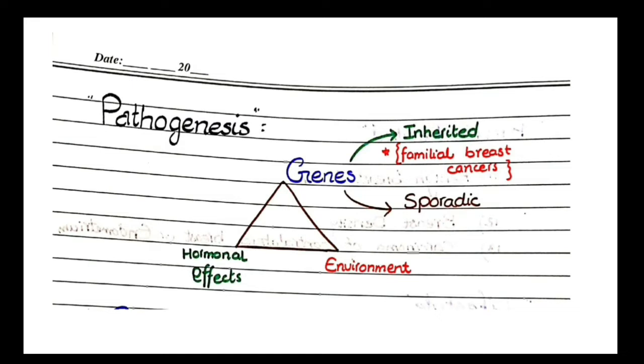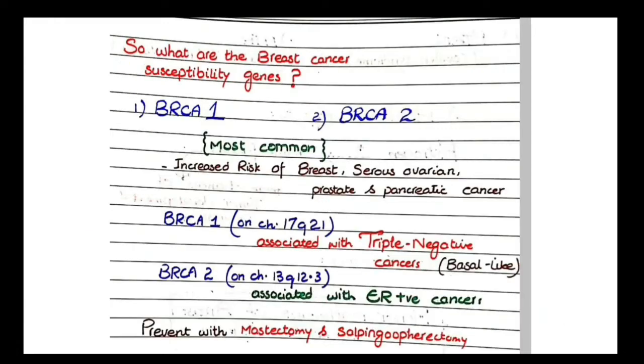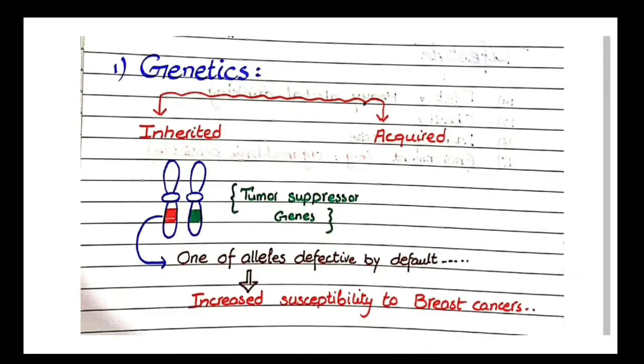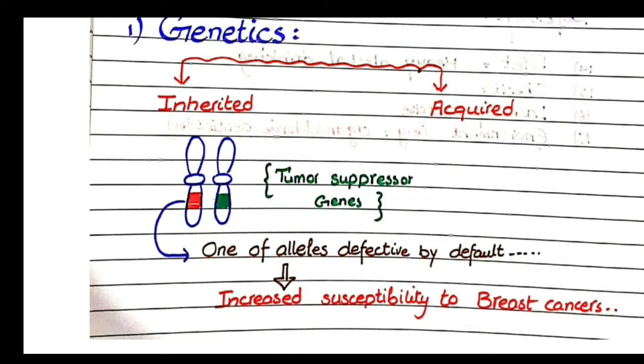But the greater understanding of pathogenesis of breast carcinoma comes from those mutations that are inherited. So we will discuss the role of genetics. We will discuss what are the breast cancer susceptibility genes. Now, firstly, let's understand that when we use the word inherited mutations in the context of breast cancer, that does not mean that a woman had breast cancer, she got pregnant and had a baby, and the baby also inherited that breast cancer.